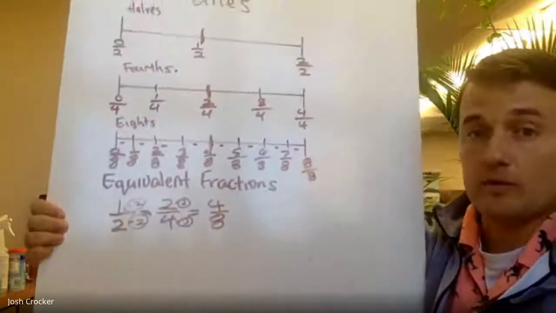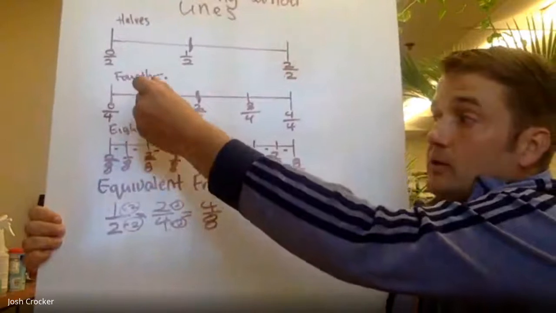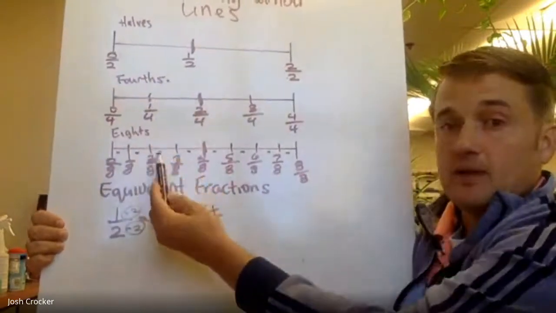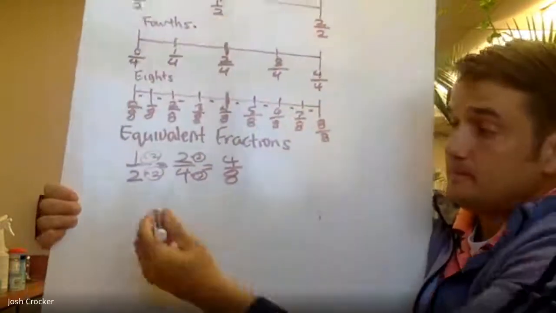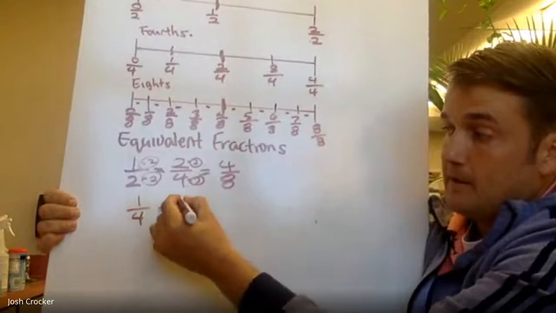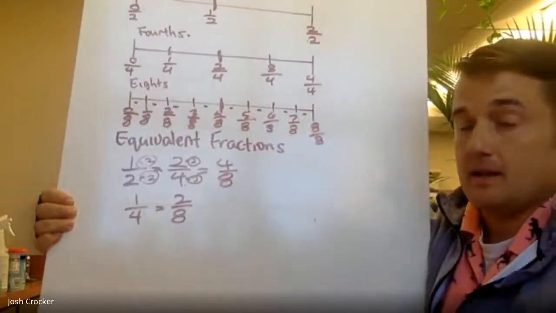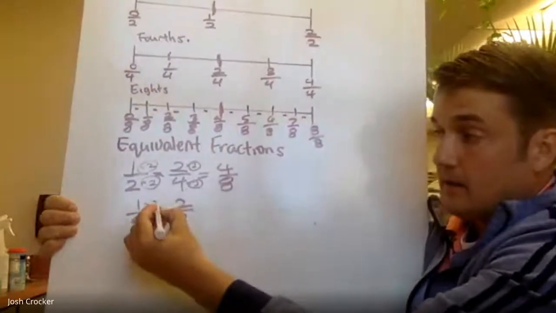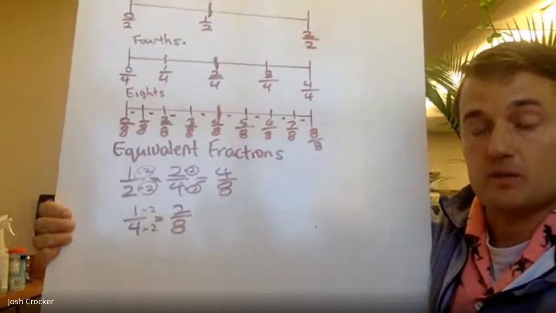Now, we have more equivalent fractions than just the halves. So 1/4, if we look, it lines right up with 2/8. And we can put that down here, 1/4 and 2/8. Those are equivalent fractions. And again, I can test that with multiplication. Okay, 1 times 2 is 2, 4 times 2 is 8.